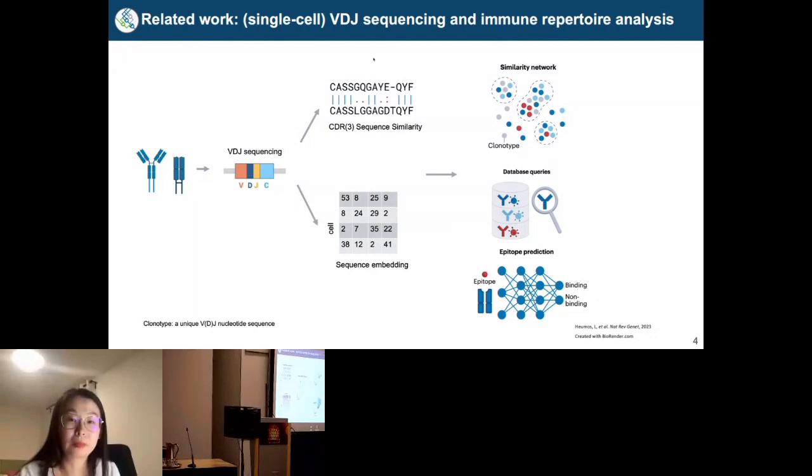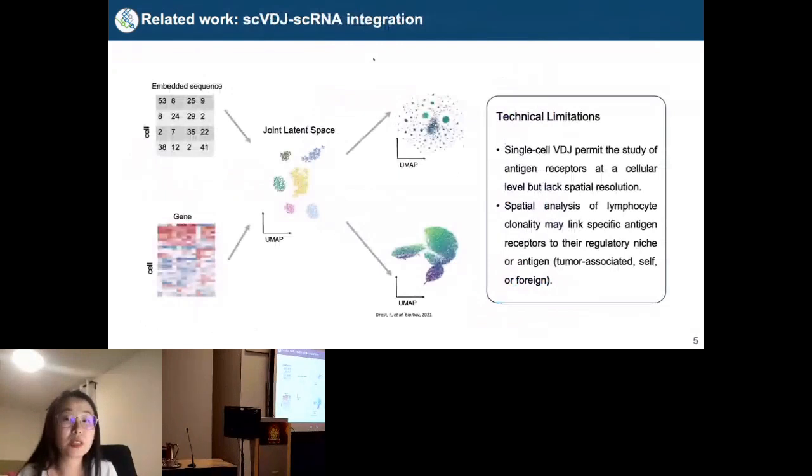Some recently developed single-cell sequencing profiling enables the generation of paired transcriptomics and immune repertoire data at a cellular resolution. Then some studies attempt to integrate paired transcriptomics and VDJ information, to understand the interdependence between these modalities by projecting the cells from different modalities into a joint latent space.